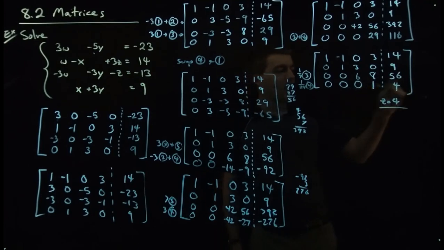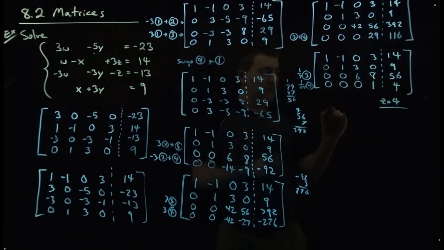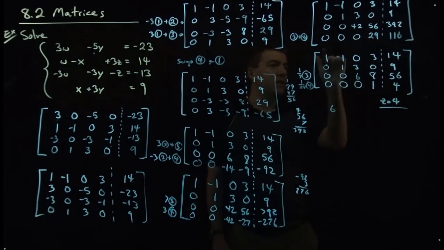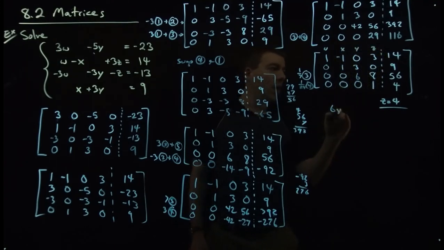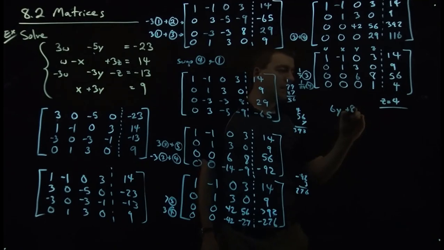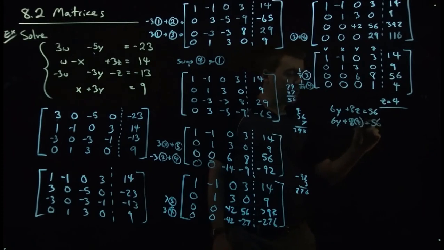All right, and now the second equation, the second one here, says that 6, so this is, we'll write them up here, is w, x, y, z. So 6y plus 8z, we know what z is, equals 56. So 6y plus 8 times 4 equals 56.